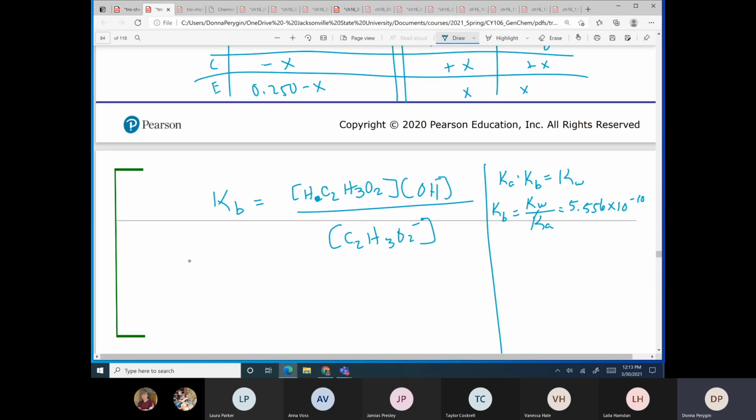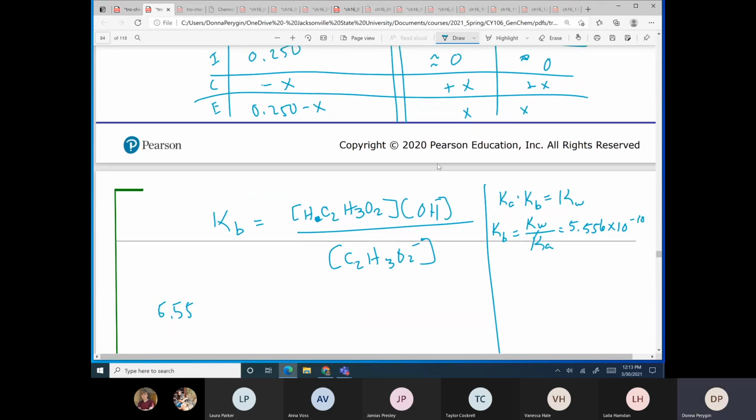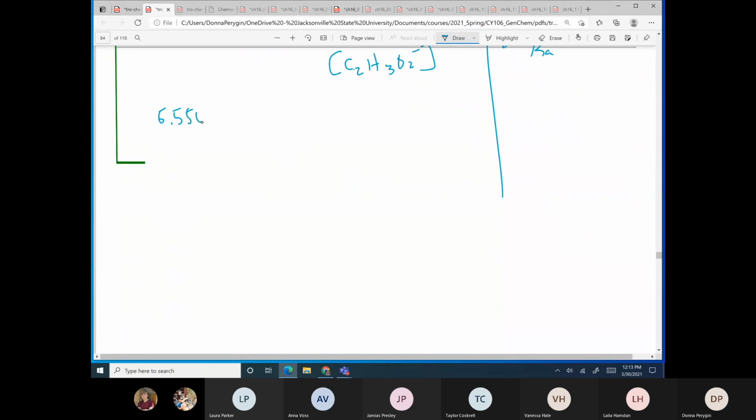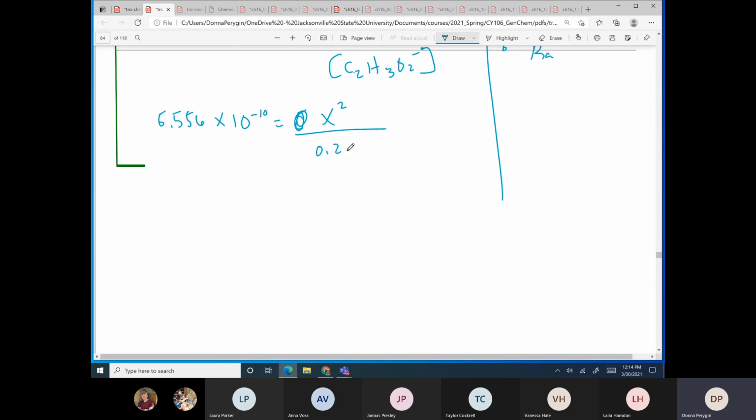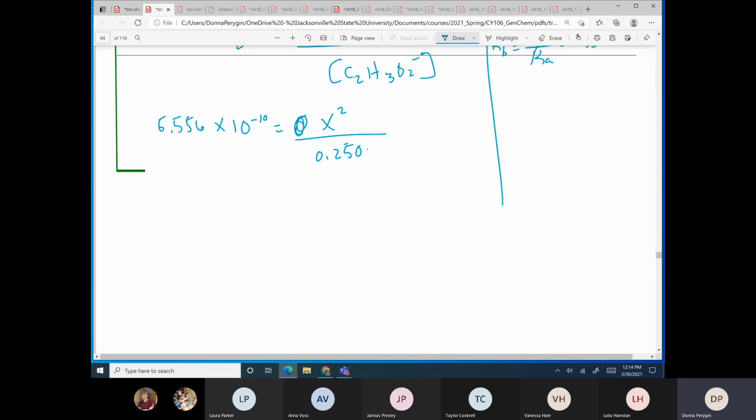So I can put that in for KB, 5.556 times 10 to the minus 10 equals x squared. I got to abbreviate this because my computer's not wanting to write. Over 0.250 minus x. So I plugged in everything from the equilibrium problem.